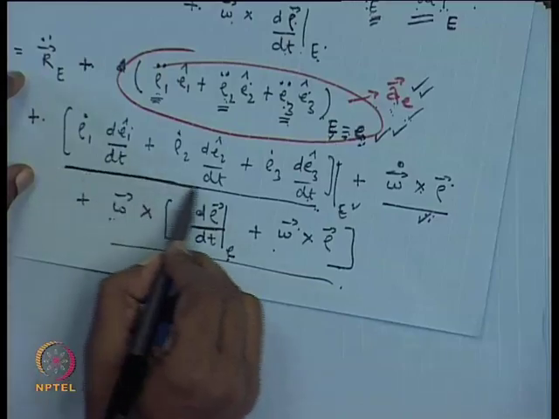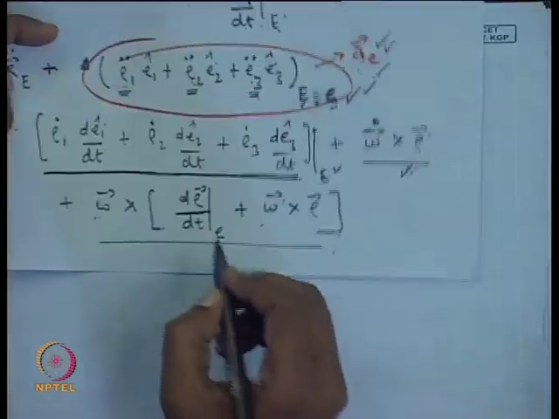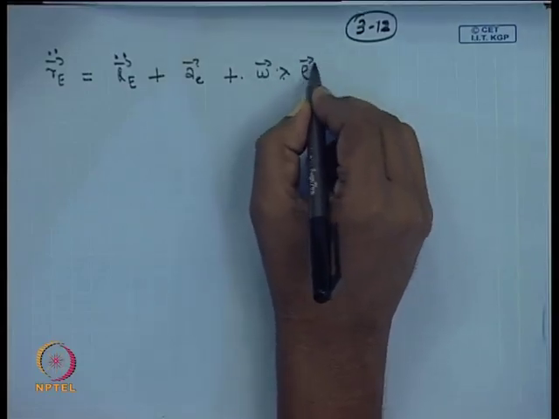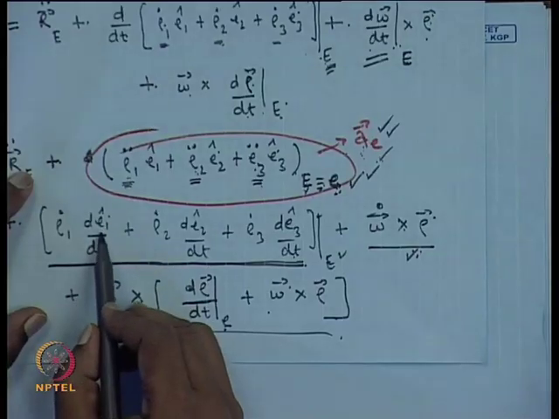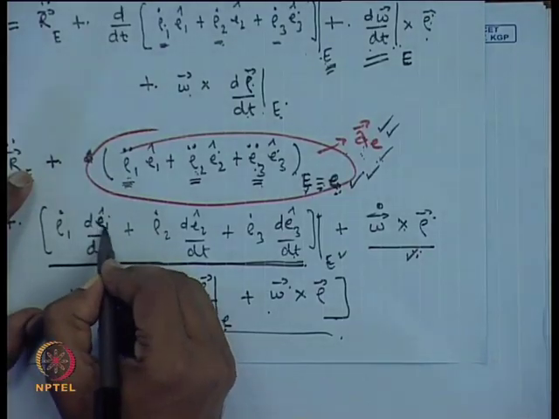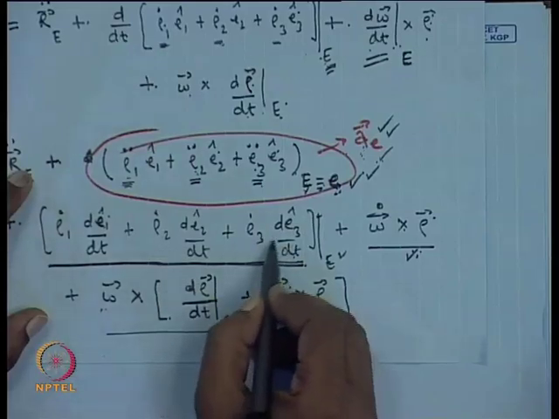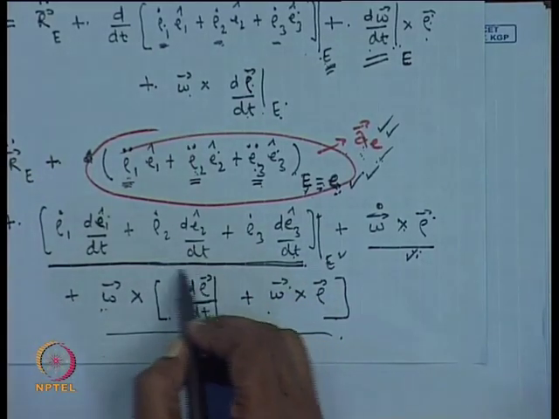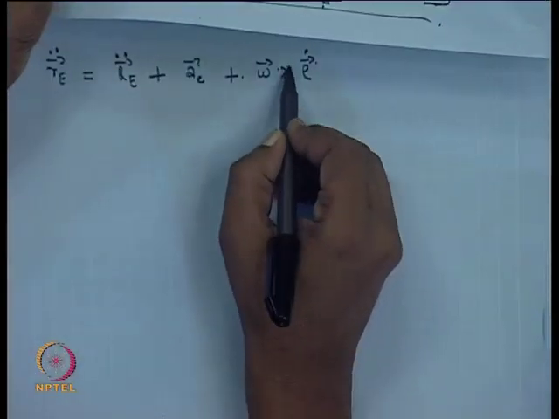Now this you can write as omega cross rho dot, because as earlier described, this is e1 cap, e2 cap, and you are taking the derivative of this. I have earlier proved how to work this out, so here you can replace this in terms of omega cross rho dot.